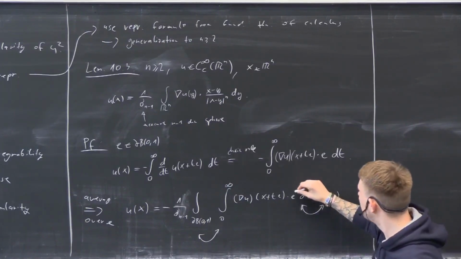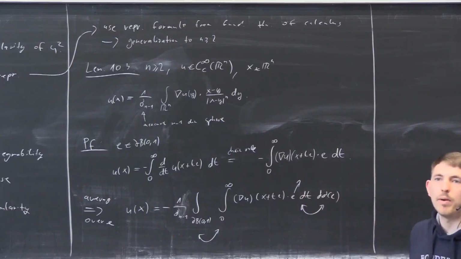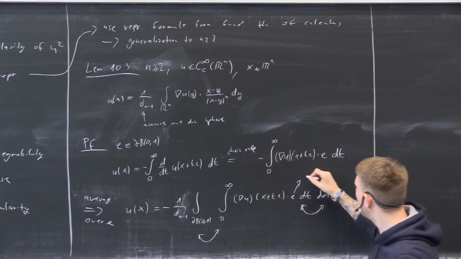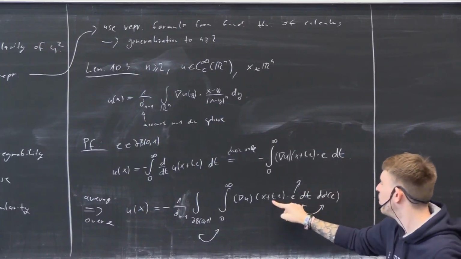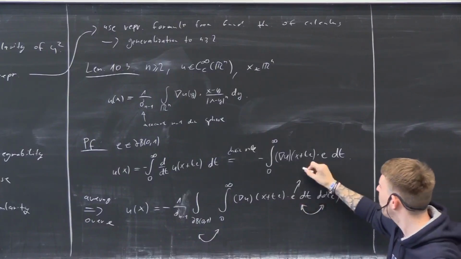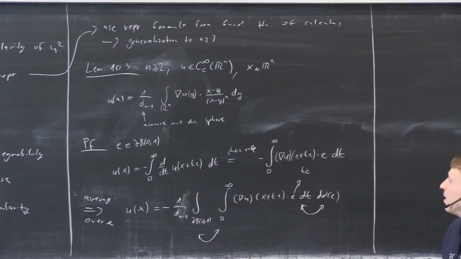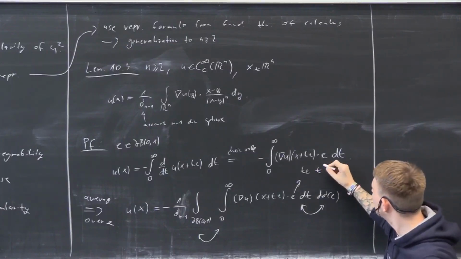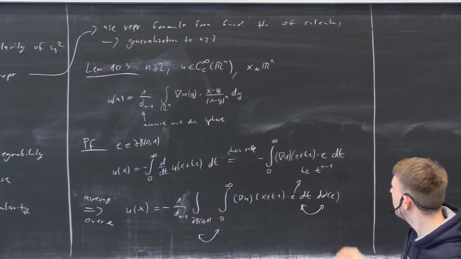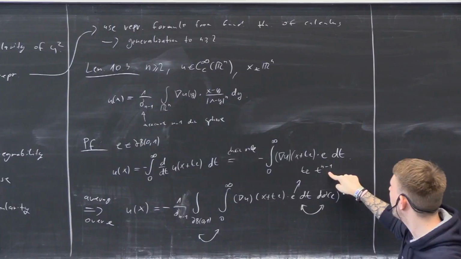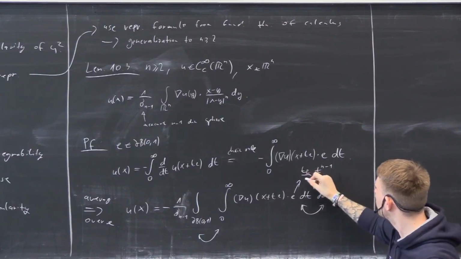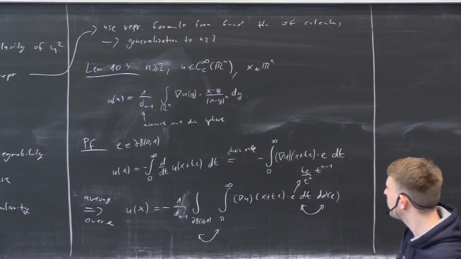So to make my life a bit easier, I will directly rewrite this e a bit. I want to do a substitution with this, so I write here also te. Then when I want to use polar coordinates, I will need something like t to the n minus 1 here. So I have to compensate this t to the n minus 1 and this t, so I write here t to the n.